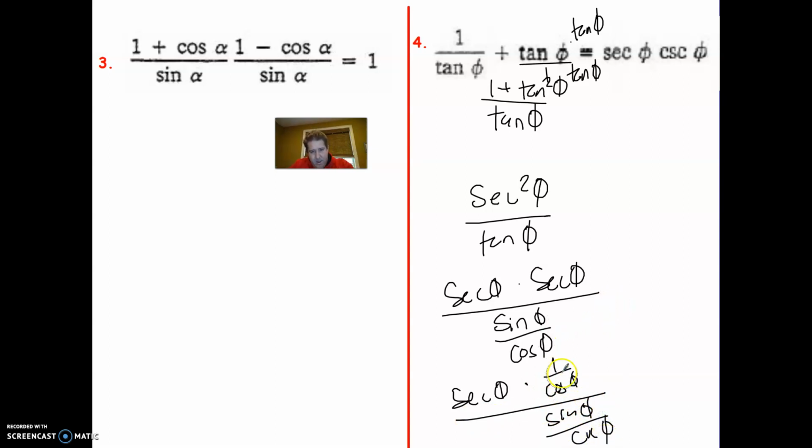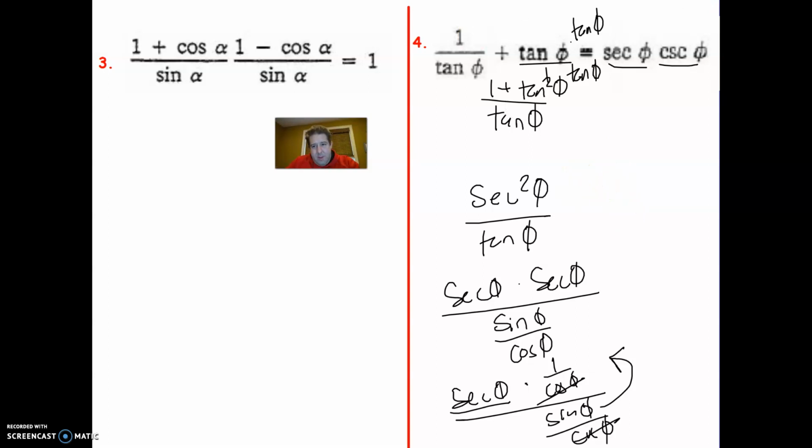Then I can cross off the 2 that have the same denominators there. And that leaves me with just sine of phi, and the reciprocal of sine of phi is cosecant. So I still have my 1 secant of phi, and I change this by moving it to the top. I change it to this reciprocal, which is cosecant, the reciprocal of sine. So that's my way of verifying it, that it's exactly the same.